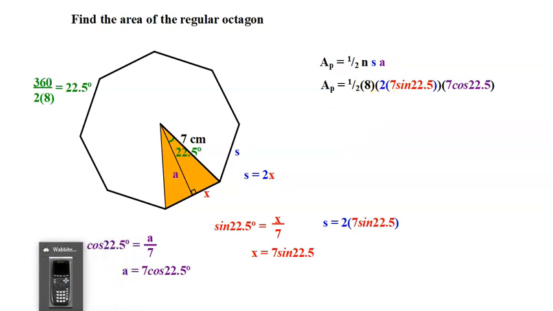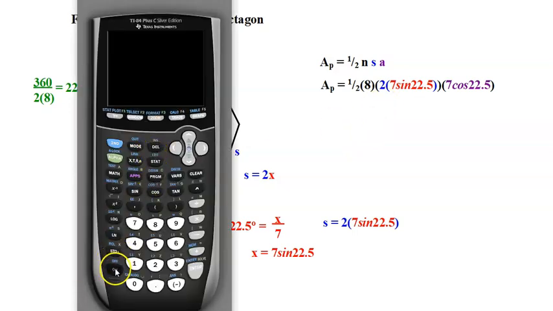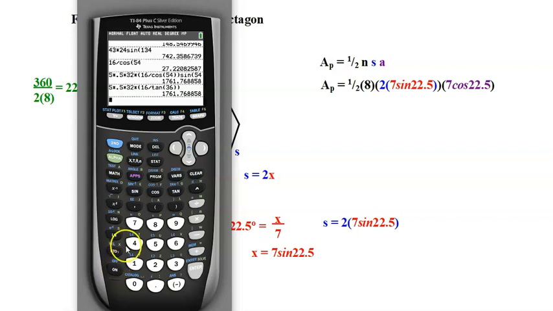And then we get out the calculator. Here we go. Turn it back on because it goes in power saver mode, which is stupid because it's on my computer.